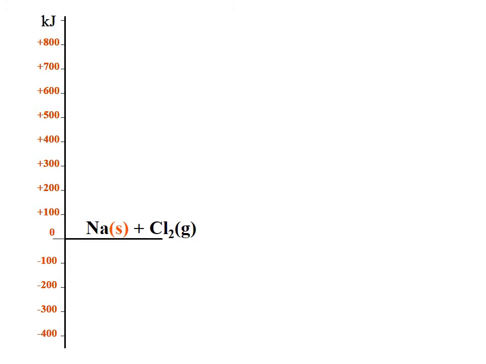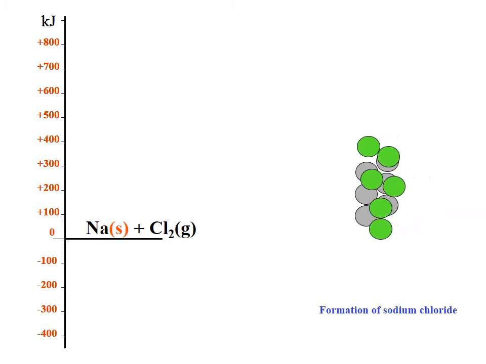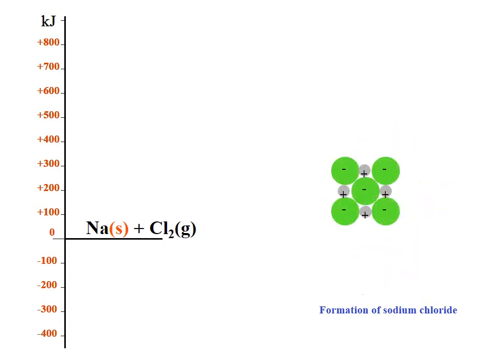So first we have our sodium. And we're looking at the formation of sodium chloride. So here we have sodium, and in comes chlorine. Yay, right? Boom! We have a lattice of sodium chloride. The energy given off in this process, also known as the delta H of formation, which we covered back in topic 5.2, is negative 411 kilojoules per mole.